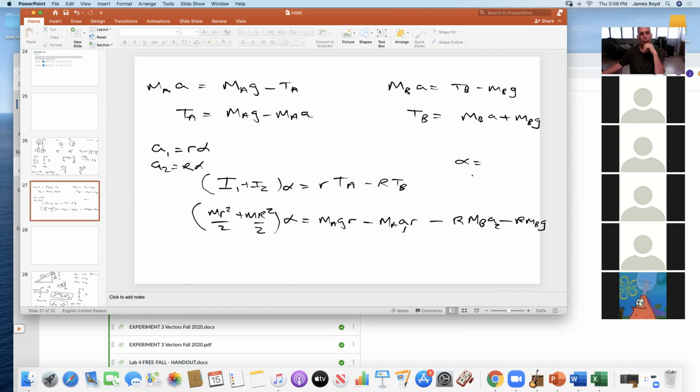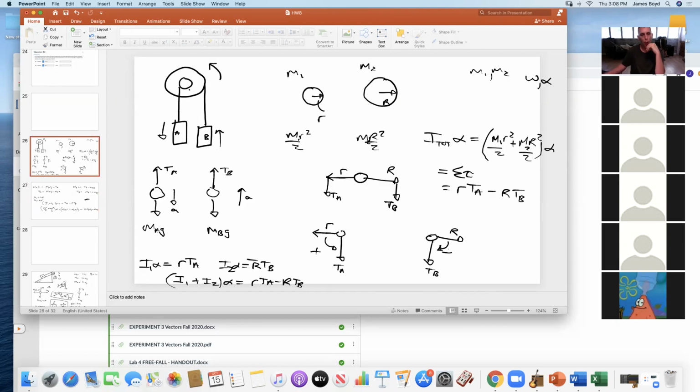You need to put these in terms of alpha. So we're going to do that with those. The reason why, we know that the acceleration on this pulley is equal to little r alpha, and the acceleration of this pulley is equal to big R alpha for the B block and the A block.